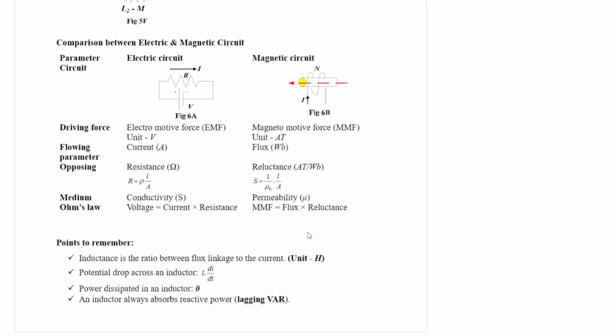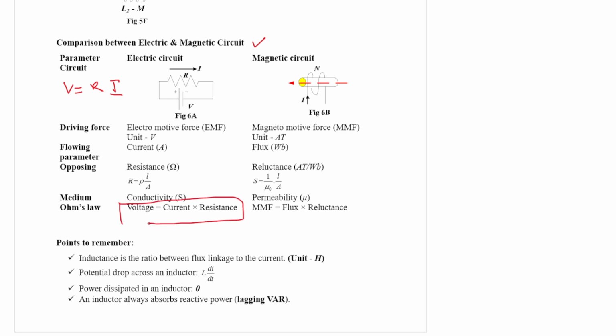Now let us consider a comparison between an electrical circuit and a magnetic circuit. The electrical circuit is represented by this diagram, figure 6a, where a resistance is there, a source is there, and the current is flowing. It is given by this relation, V is equal to R into I. Voltage is equal to resistance into current.